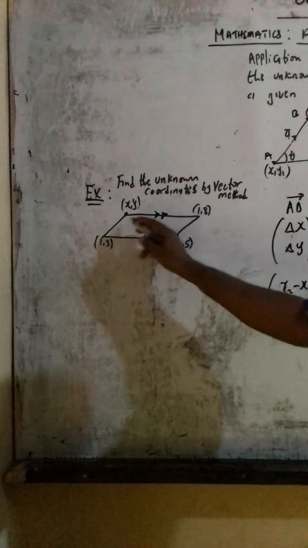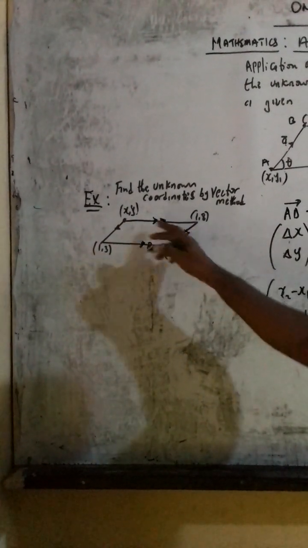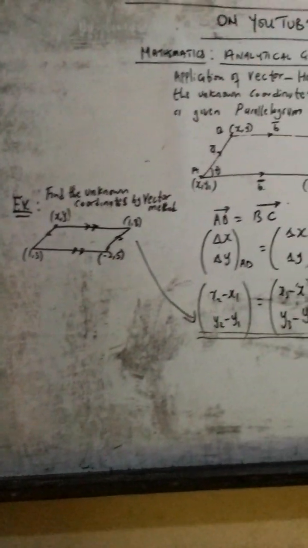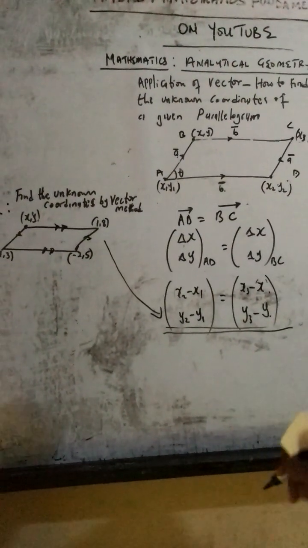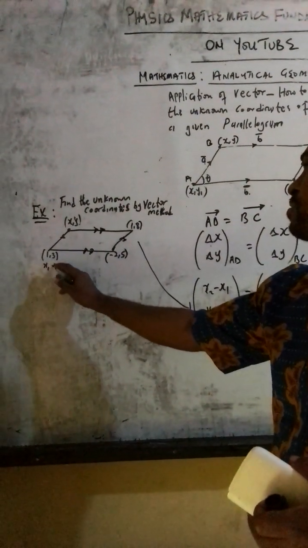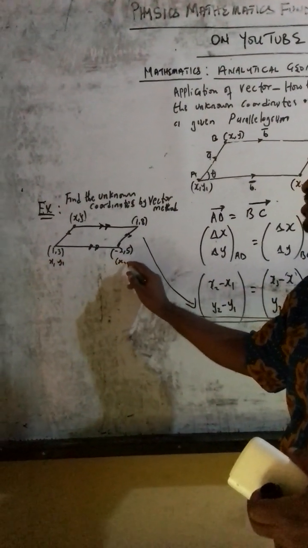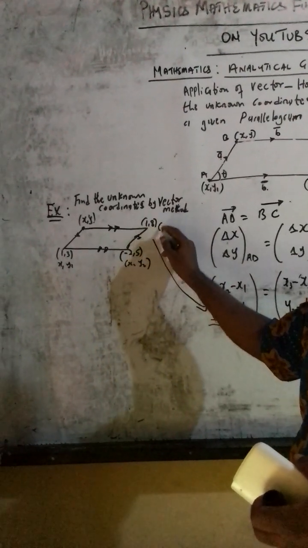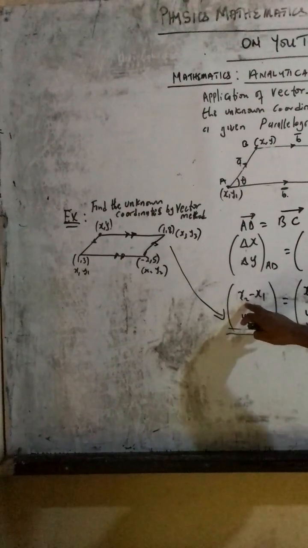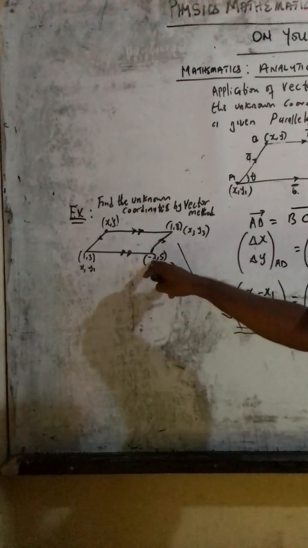So we have to find the unknown coordinates. We can simply go to this formula that I have established. I will label this place as my x1, y1, this place as my x2, y2, then this place as my x3, y3.